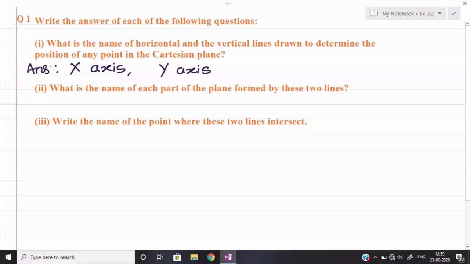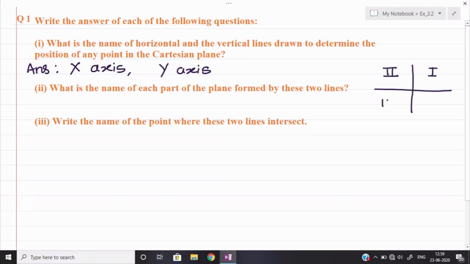Now similarly I will go for the second part. What is the name of each part of the plane formed by these two lines? Name of each part of the plane formed by these two lines. See, I have shown you this is my y-axis and this is my x-axis. So see, I have shown you this is the first quadrant, first part. This is the second quadrant, second part.